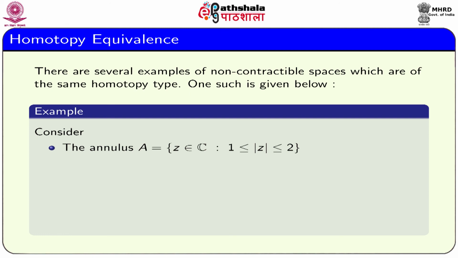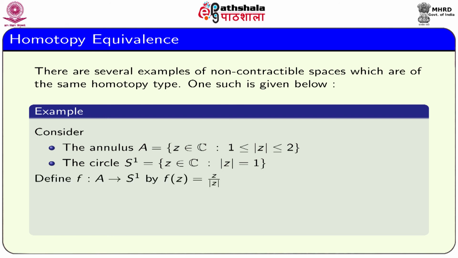We take the annulus A, that is all the points z belonging to the complex numbers C such that the modulus of the complex number z lies between 1 and 2. We take the unit circle S1, and define a function f from A to S1 by f(z) equal to z by mod z.